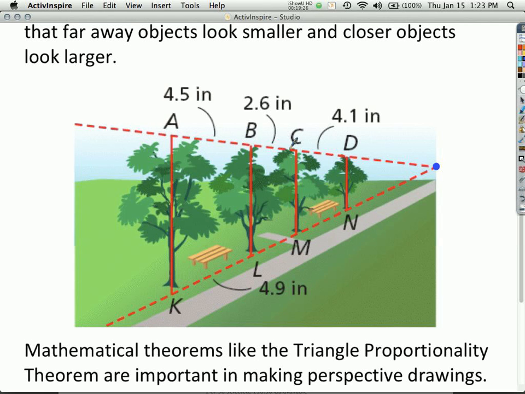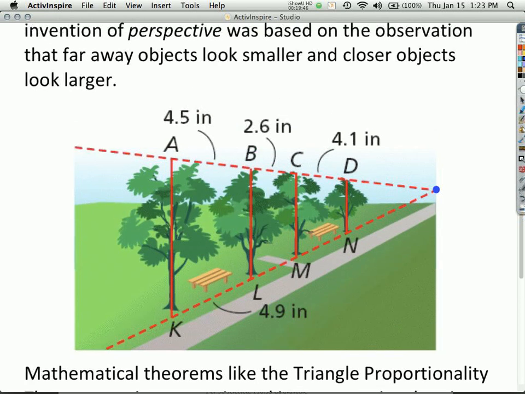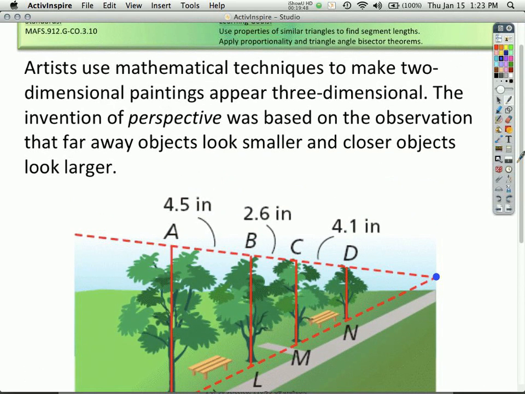And the artist was so good that they did it without measuring anything. They just had this incredible natural ability to simulate the depth. And so that's where theorems like the triangle proportionality theorem become really important, because they actually use it to create this. Any questions about this idea?